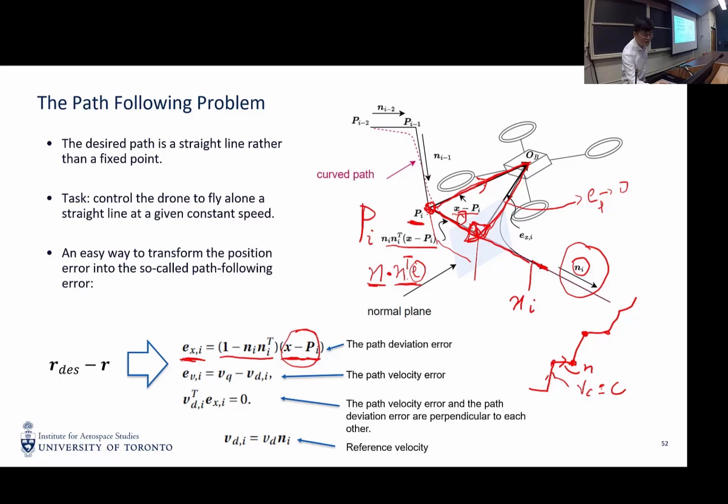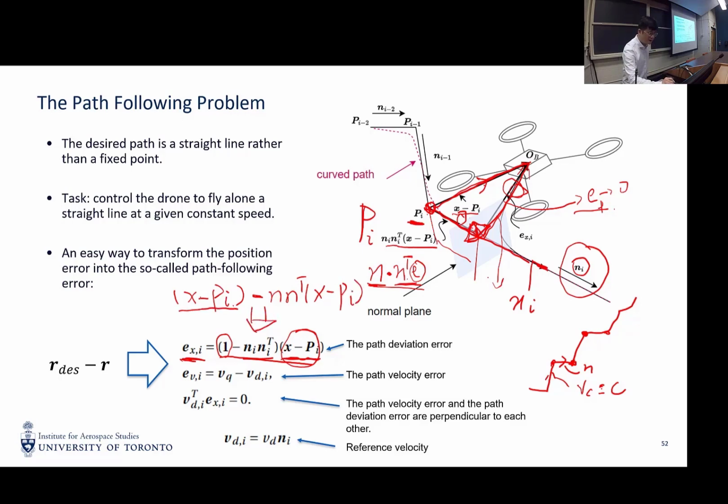If we want to keep only the perpendicular part, we take the original error e and subtract the projection of the position error. Then we get the perpendicular component. That's why we have an identity matrix minus n_i n_i transpose, multiplied by x minus p_i.